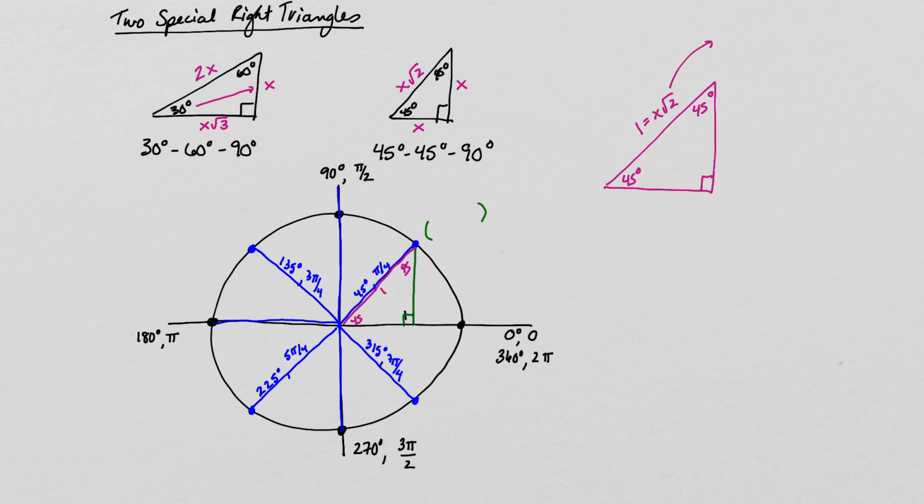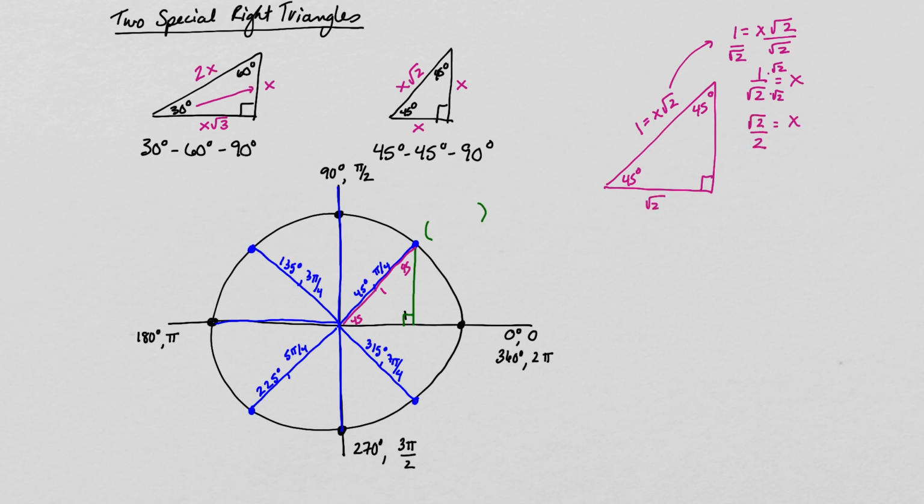And so if I take this equation here, 1 equals x square root of 2, and I divide both sides by root 2, I get 1 over root 2. And while I don't usually rationalize things, this is one of the few times I actually am going to rationalize what x is. So if I multiply top and bottom by root 2, I end up with x being root 2 over 2.